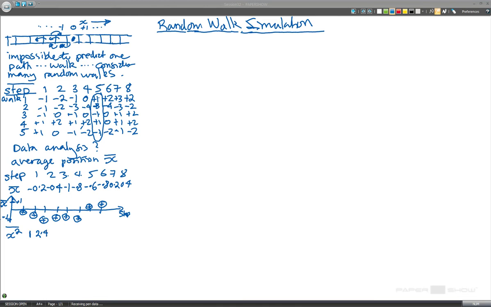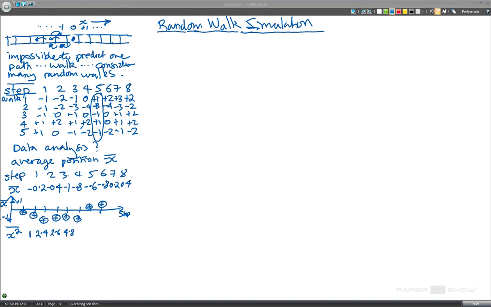For the third step, we have 1 plus 9 plus 1 plus 1 plus 1, so that's 13. So that gives us an average of 2.6. And then for the fourth step, we have 0 plus 16 plus 0 plus 4 plus 4, so that's 24, so it gives us an average of 4.8.